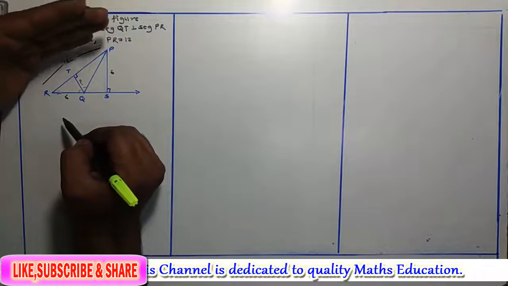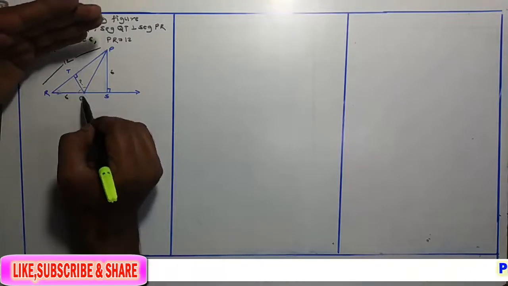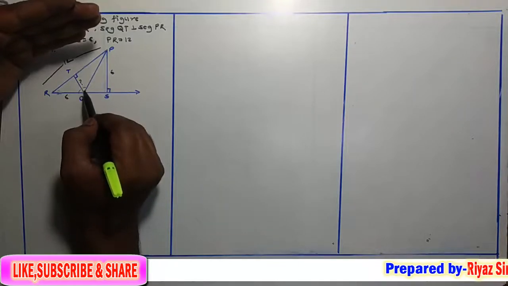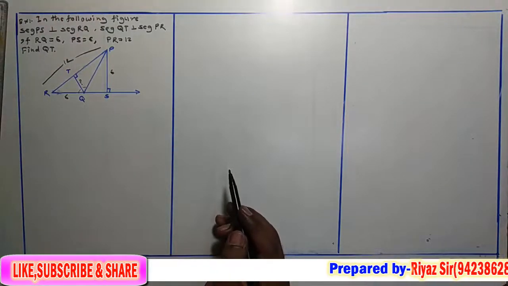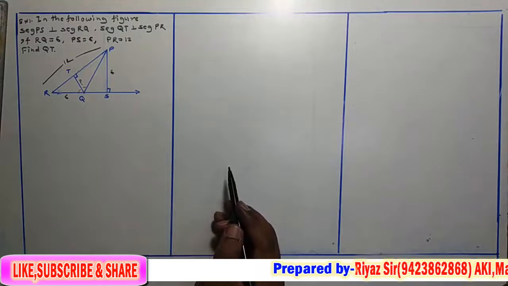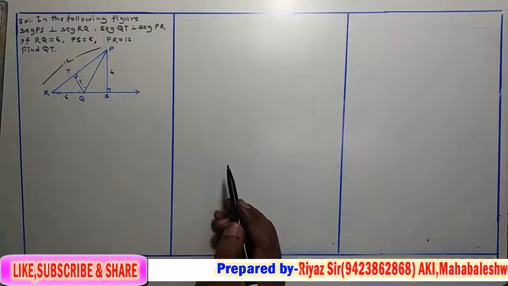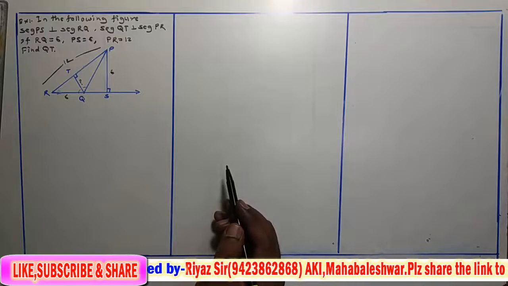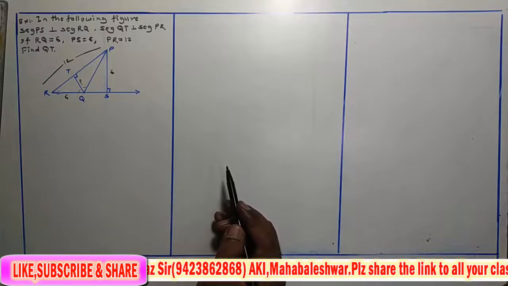This side you have to consider as a base, then this QT will be the height. That means this base is given and this height we have to find. That means here one single triangle is there, but we have to consider that triangle in two different ways. So here we consider those two triangles with different base and different height.